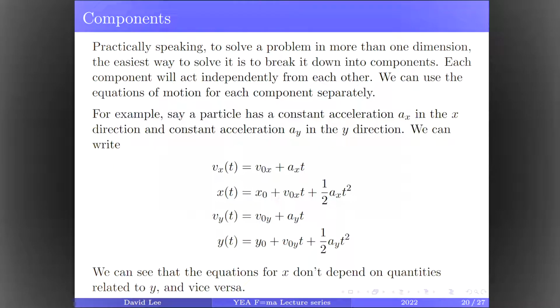The equations for the x direction don't have any variables relating to y, and the equations for the y direction don't have any variables relating to x. So we can just solve them separately, and then we won't have to worry about dealing with vectors or doing algebra with them.